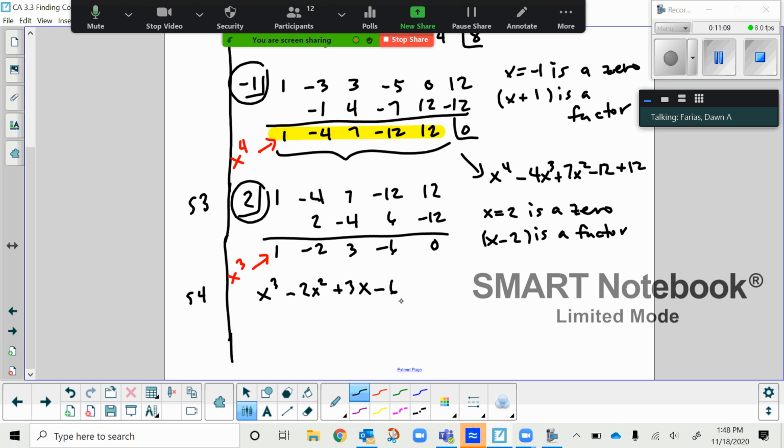So we're at x cubed minus 2x squared plus 3x minus 6. We're going to factor by grouping.